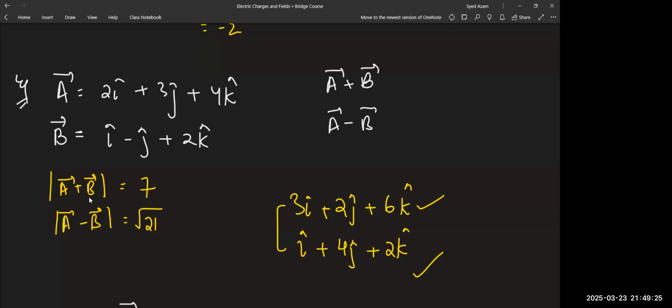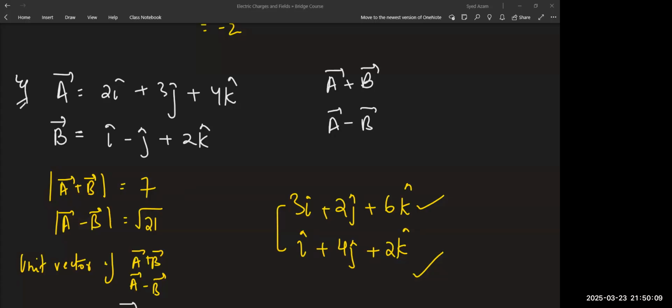Now, Abyaz, you tell me the unit vector of both of these. Unit vector of A plus B and A minus B. So I've told you, see the notes, how we calculate the unit vector. So you'll just get it in 2 minutes. 3i cap plus 2j cap plus 6k cap by 7. Yes. Or you can even separate the terms like 3i cap by 7 plus 2j cap by 7 plus 6k cap by 7.